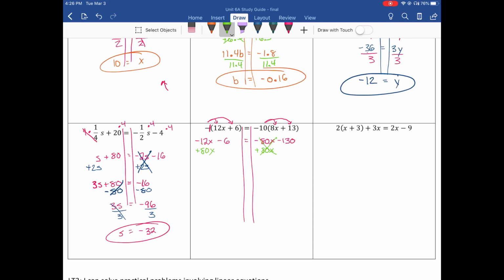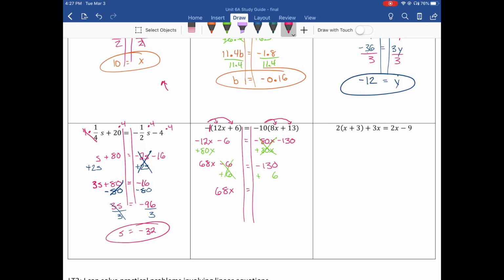And on the right-hand side, it'll just go away, and we're left with negative 130. And then on the left-hand side, negative 12 plus 80x is 68x. From there, we get rid of our constant. We'll add it on both sides.